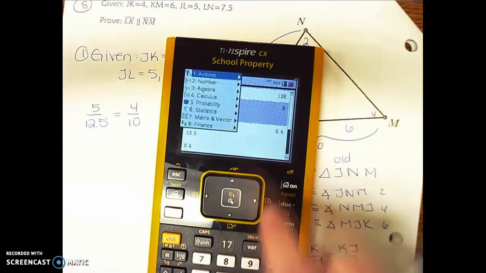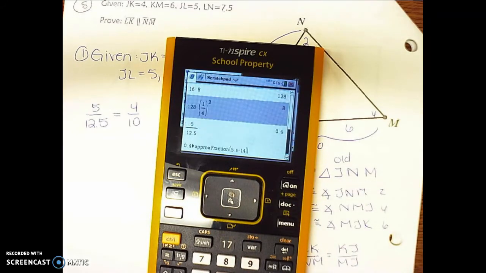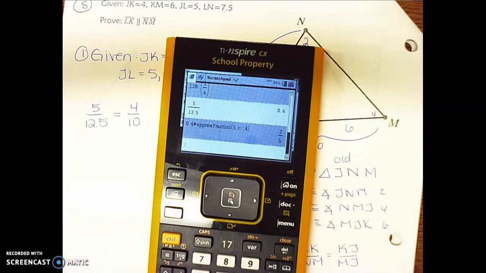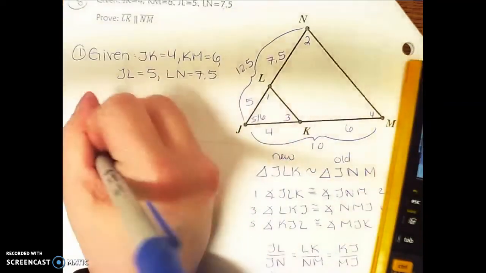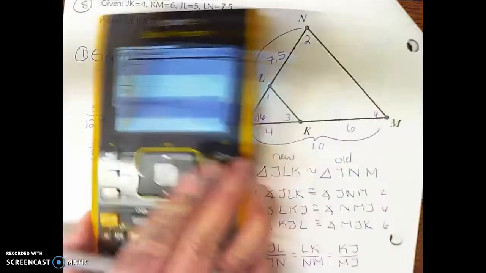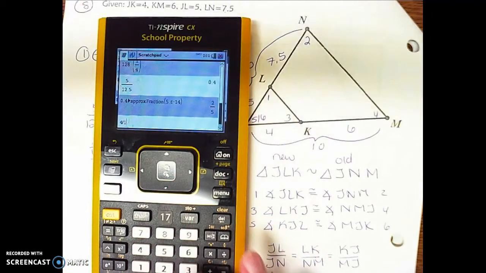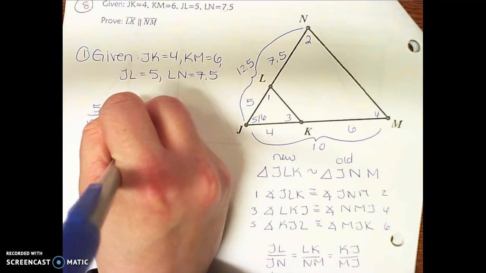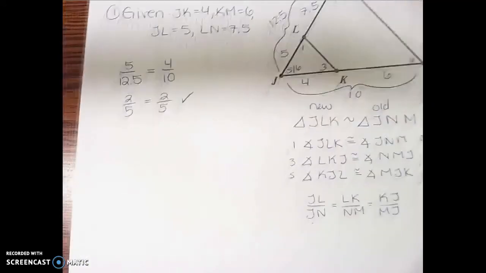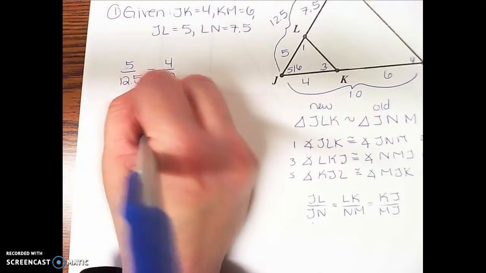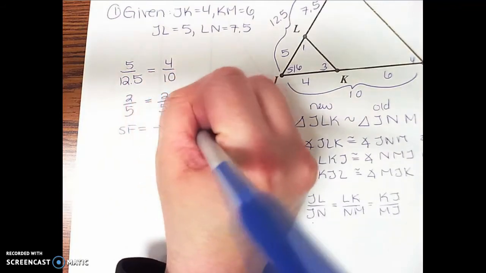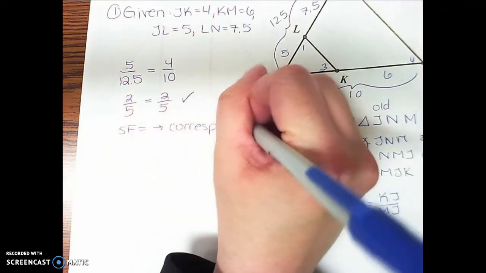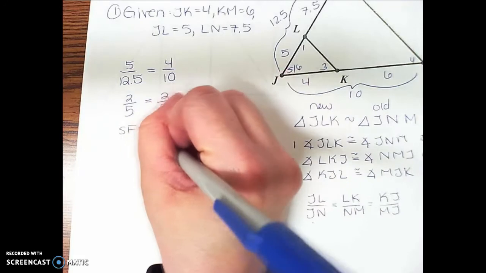I'm going to hit menu, 2, enter, and it tells me that it's equal to 2/5. So this one equals 2/5, and then I'm going to type in 4 divided by 10, and that one is also equal to 2/5. So my scale factors are equal. If my scale factors are equal, that tells me my corresponding sides are in proportion.